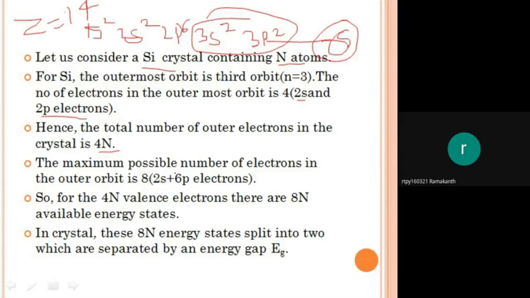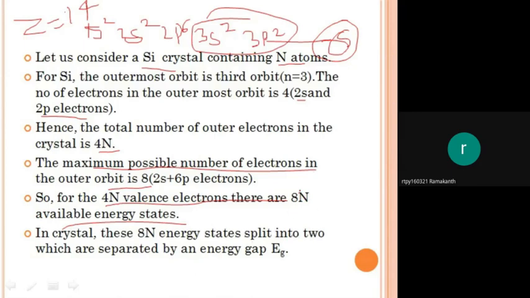But we have only 4 valency electrons. So we have 4 electrons and 8 energy states: 2 plus 6, 8 energy states. Out of 8N energy states, only 4N energy states are filled.